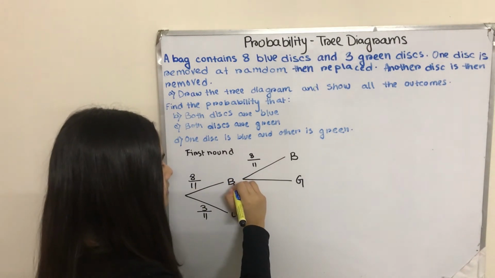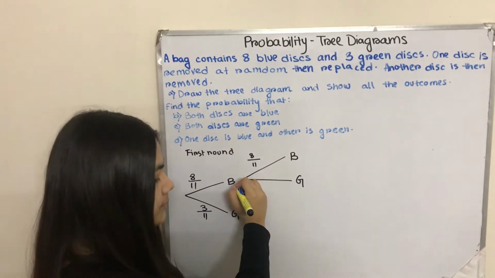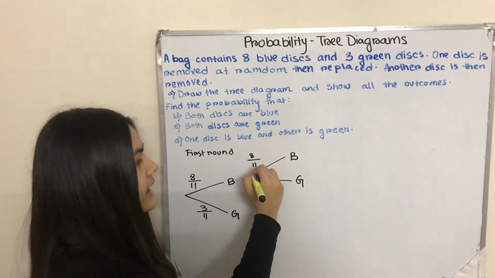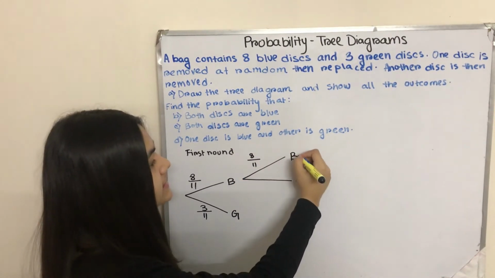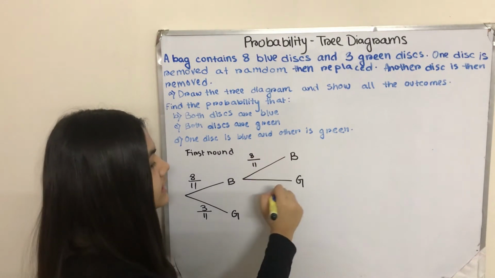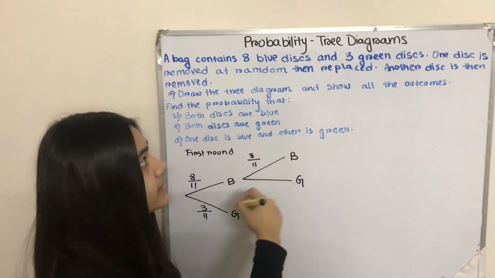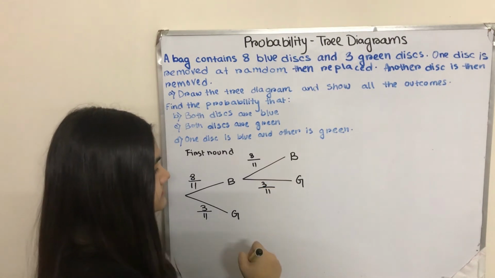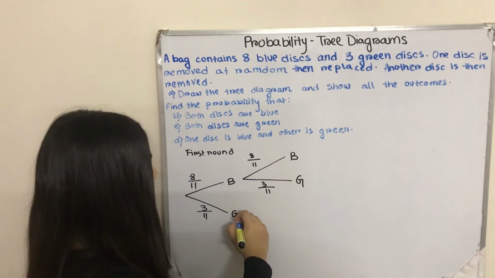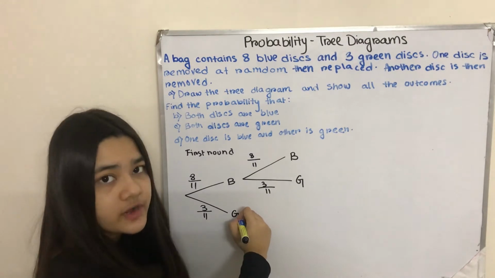The probability that it might be blue is 8 by 11 and the probability that it might be green is 3 by 11. Same when the person gets green in the first round.